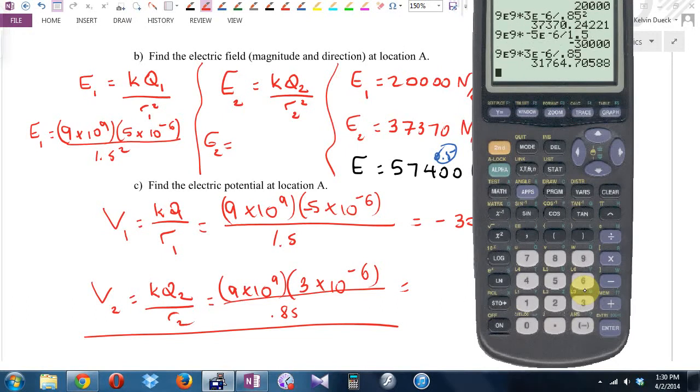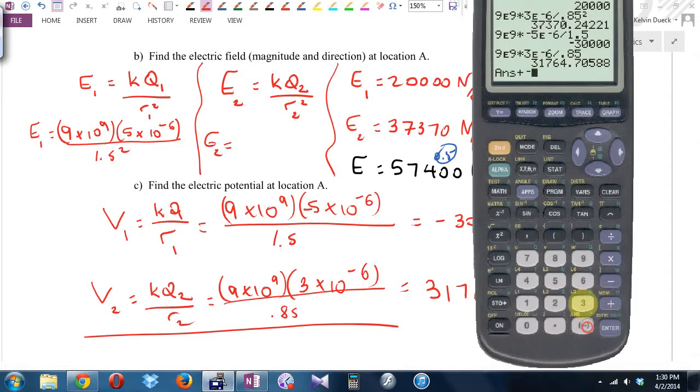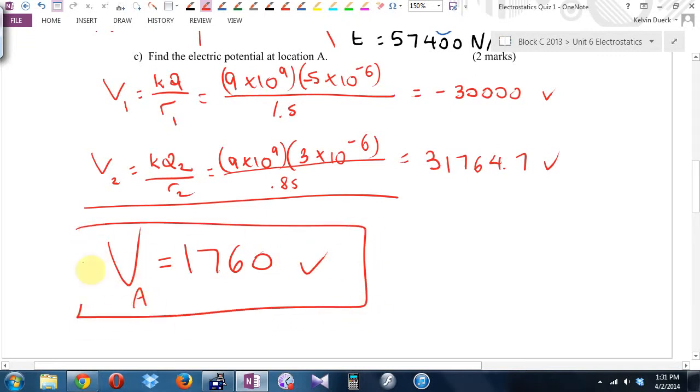I get a voltage of positive 31,764.7. And I add them up. Plus negative 30,000. Yeah, I could have done it in my head. You know what the voltage at location A is? 1,760 volts. That's the voltage at location A.